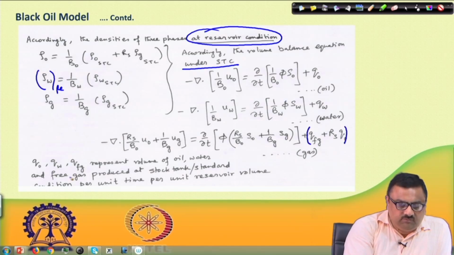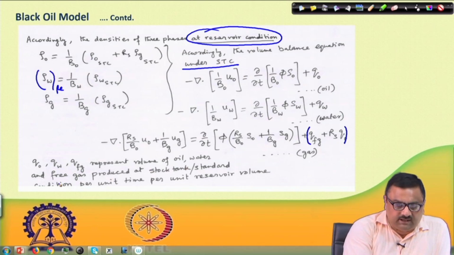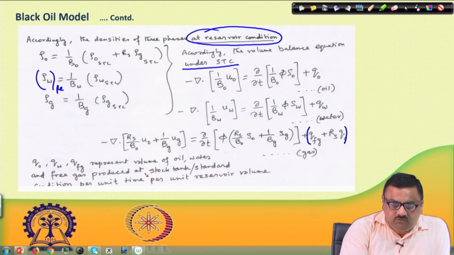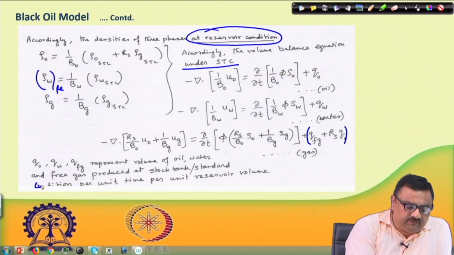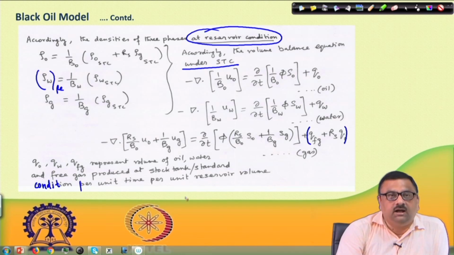QO, QW, QFG represent the volume of oil, water and free gas. QFG is free gas produced at stock tank or standard condition, per unit time per unit reservoir volume.